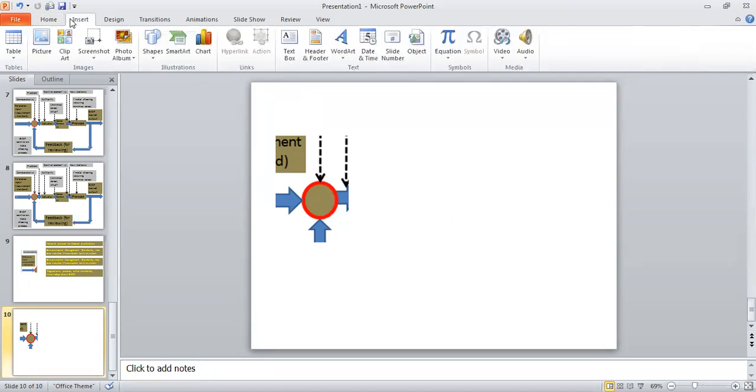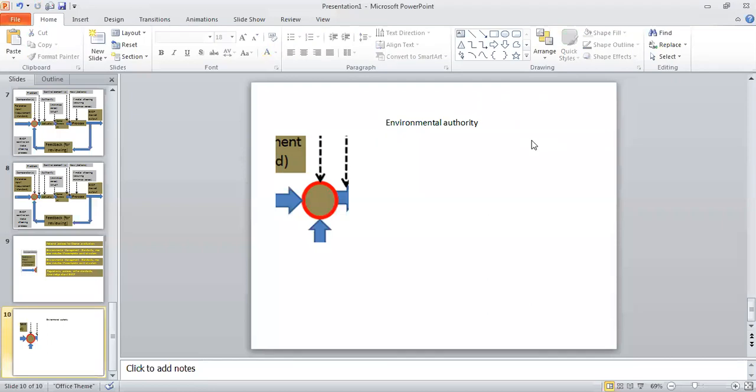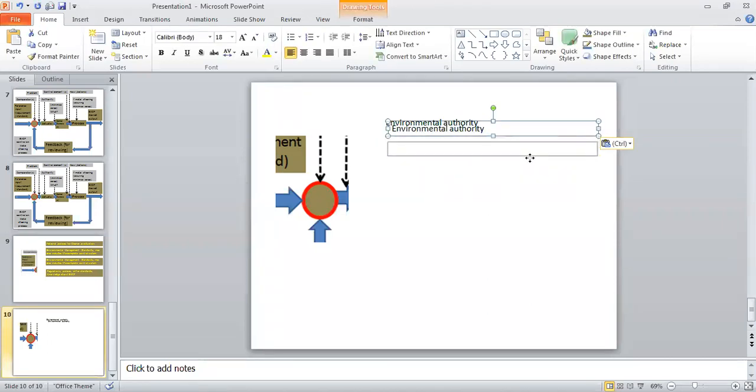So there are comparators. We have maybe, let's see, environmental authority. In this body they do these evaluations or comparisons, possible. Then who else?